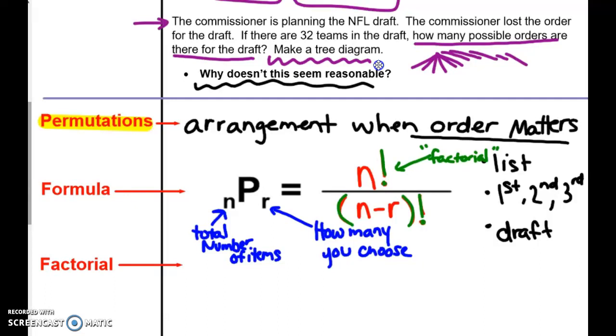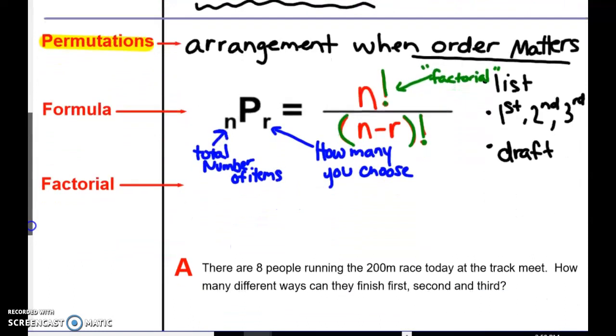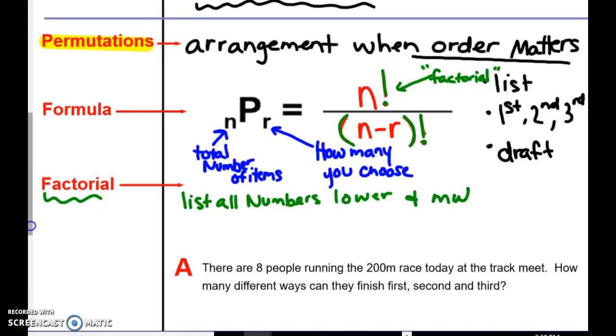So the first thing that I have here is, what is a factorial? A factorial is where you list all the numbers lower and multiply. An example would be like if I wrote 5 factorial.